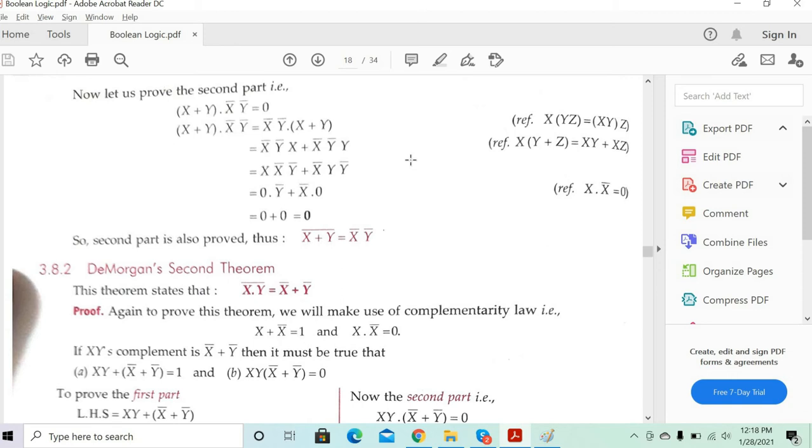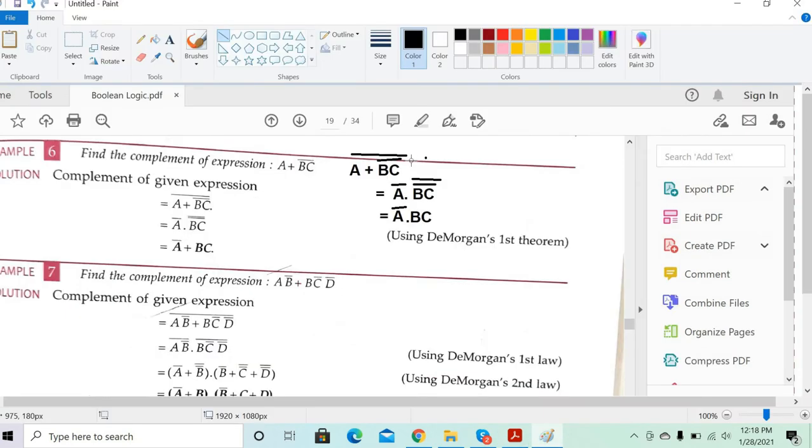Okay. Got it? But the first theorem doesn't say that part. How did you get A plus BC here? You got A complement dot BC, right?